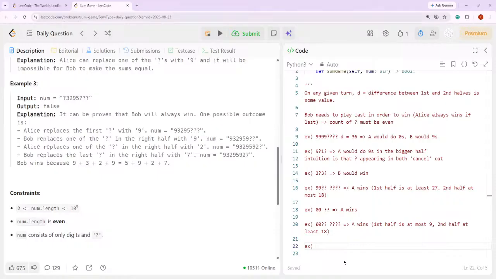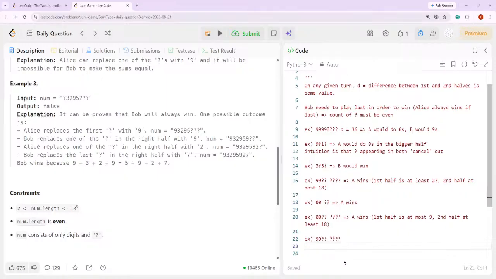What if it's 9-0? Because here, let's say if it's 9-0 question, I think Bob wins this for sure, right? Alice makes any number, Bob makes a complement number. But the only sum that works here is something that adds up to 9.